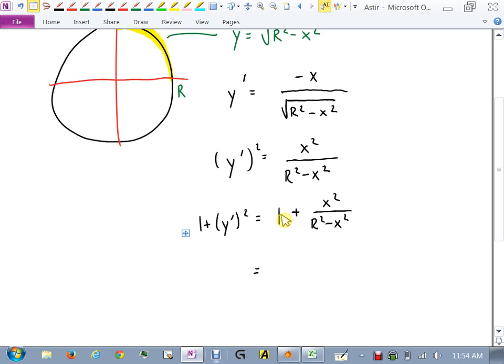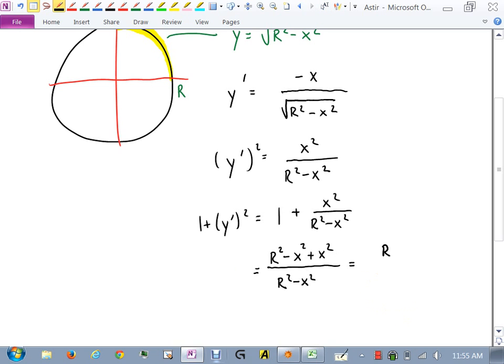You have to put an r squared minus x squared here on top and bottom. So you have r squared minus x squared, then you have the plus x squared from this one, over the common denominator, which is just what?